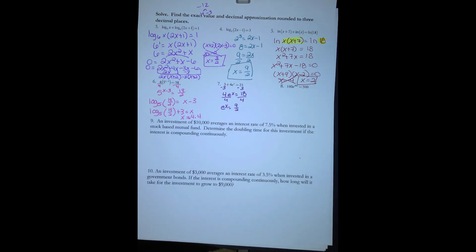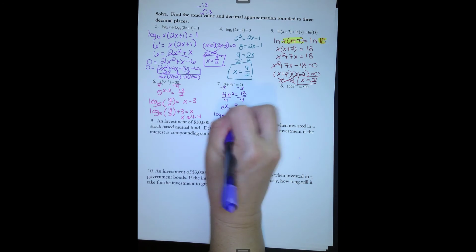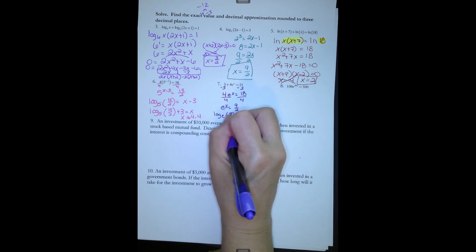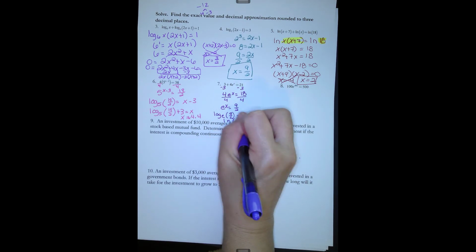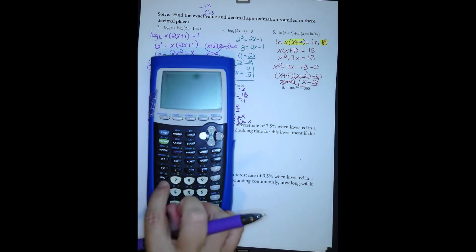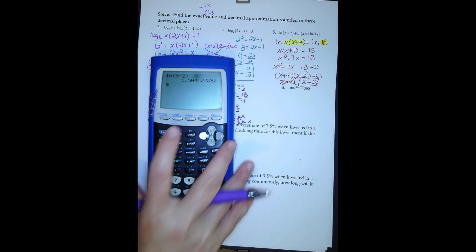So what is our base? E. So log base e of 9 halves equals x. So that is ultimately the natural log of 9 halves equals x. Once again, that is our exact answer. And if we are wanting our approximate, we have the natural log of 9 halves, which is then rounding to the nearest hundredth, 1.5.